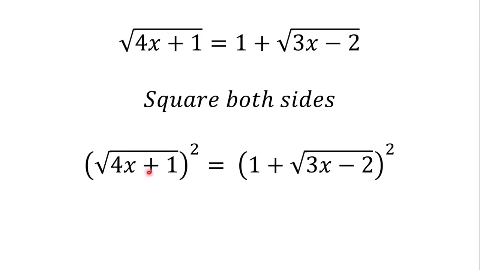The reason why I'm taking my time to hammer this one is that when you come here, somebody may say, here we are having plus this, but when you come here, also we are having plus this, but this 4x plus 1 here is all under the square root sign. So all those under the square root sign is one thing, and plus or minus another thing will also be considered.